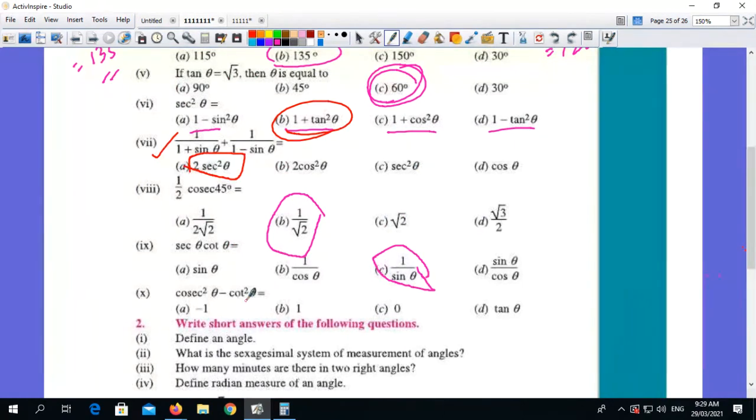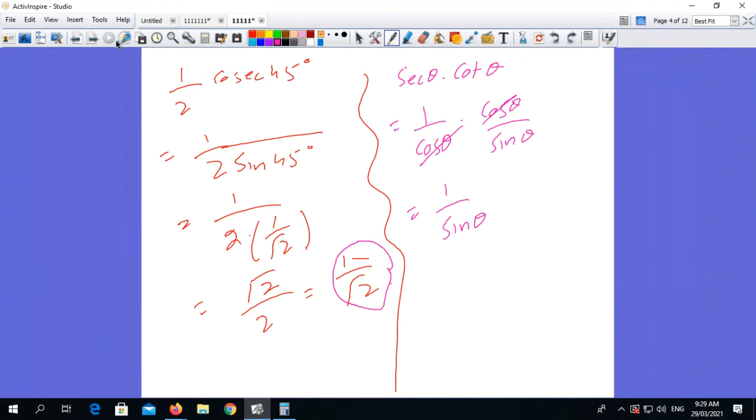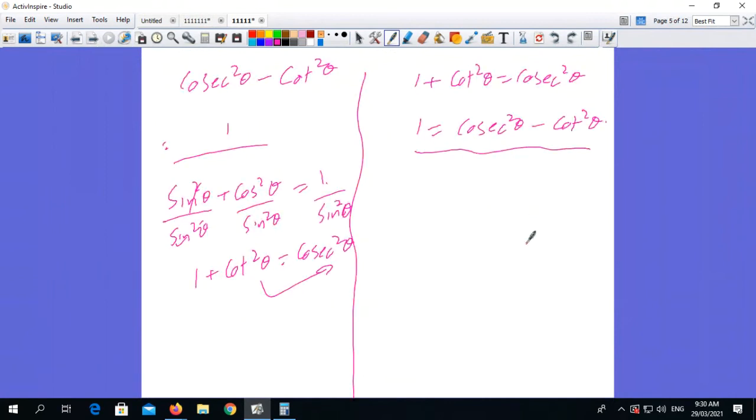And the last one is cosecant square theta minus cot square theta equals what? It becomes 1. How? Look here on your screen. Cosecant square theta minus cot square theta.